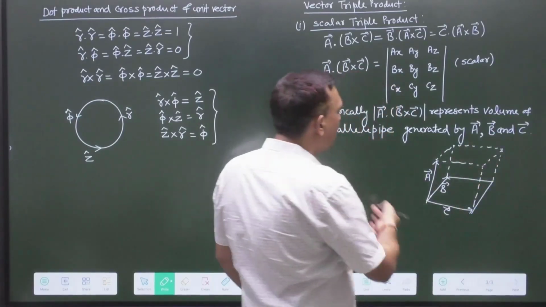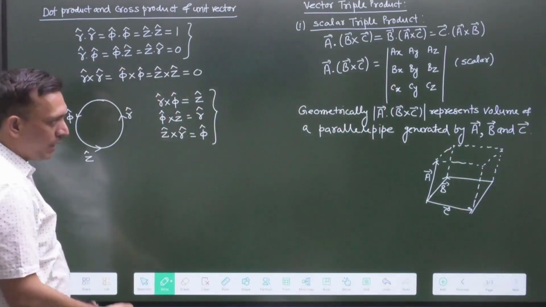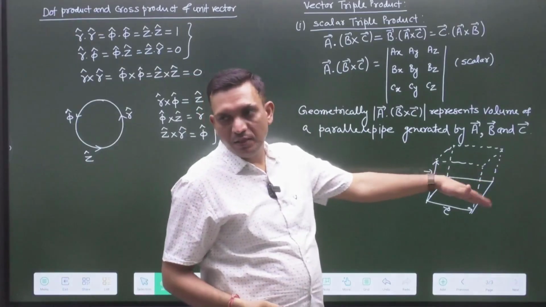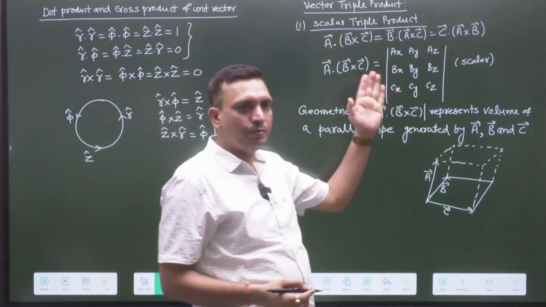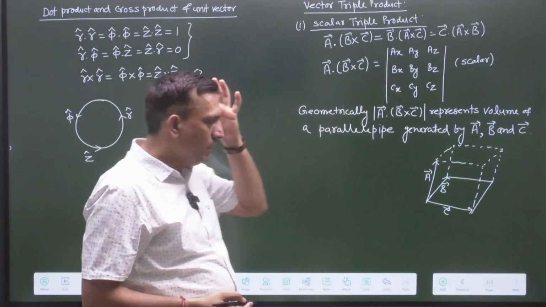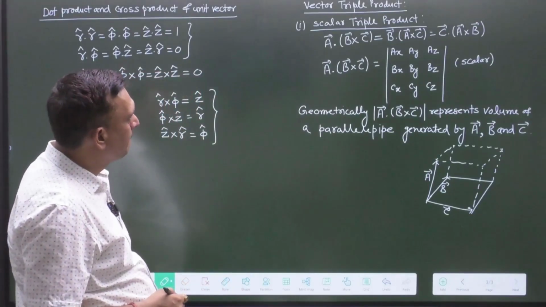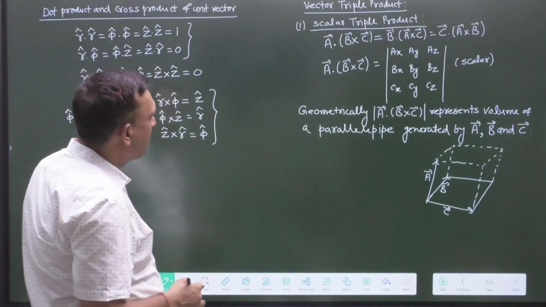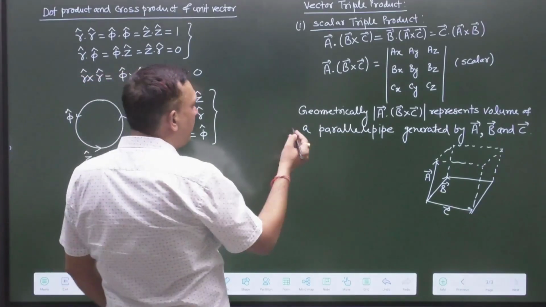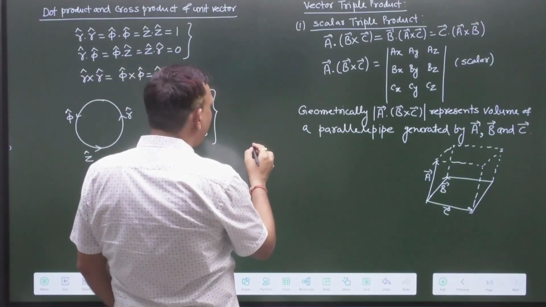So you will get the volume of this parallelepiped generated by A, B, C. The simplest case is the cube. So that is the scalar triple product.